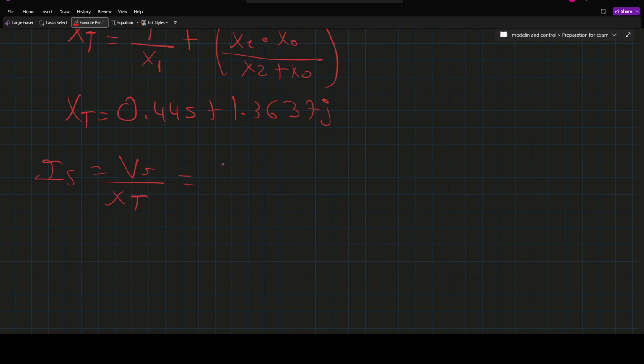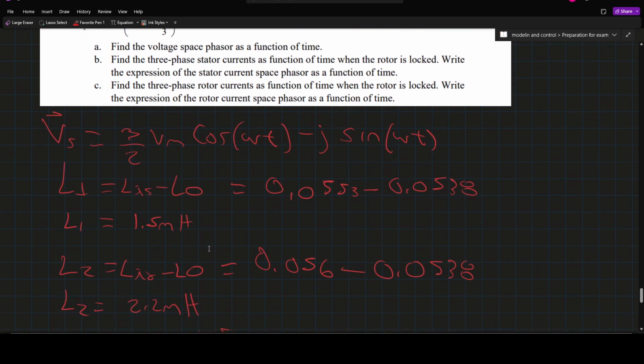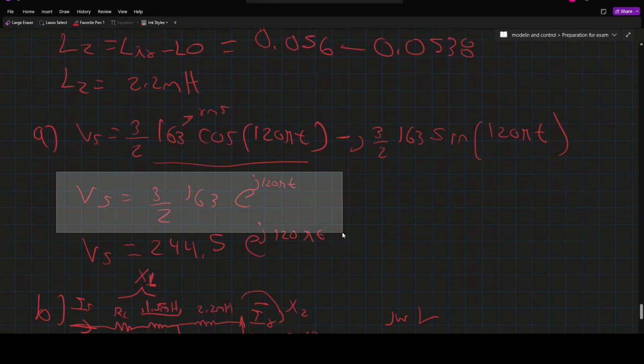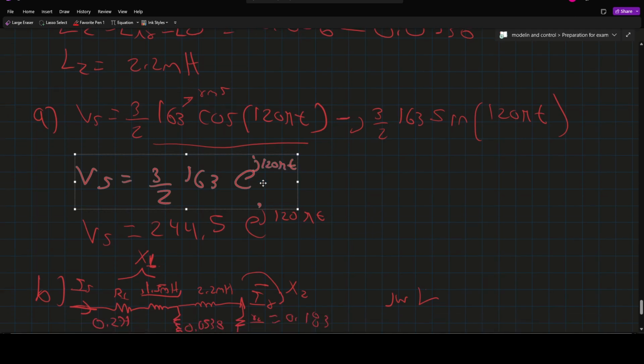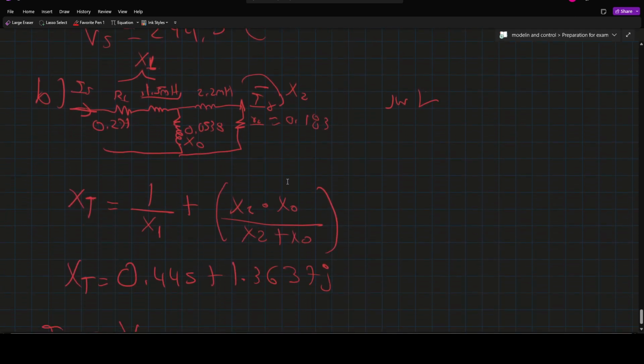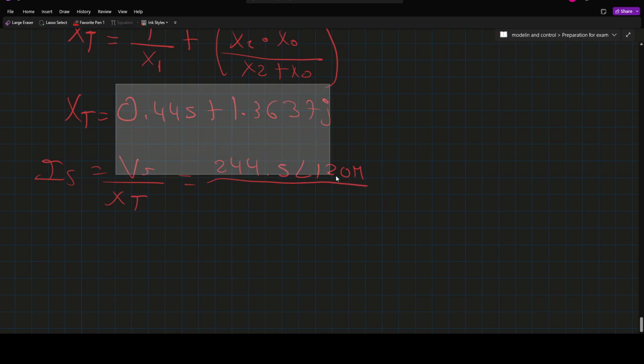And we have our VS that we calculated over here. And remember, this is in a steady state, so we don't change with time, we just have the magnitude and the angle. So this is gonna be 244.5 angle of 120 pi in radians over what we just calculated here.